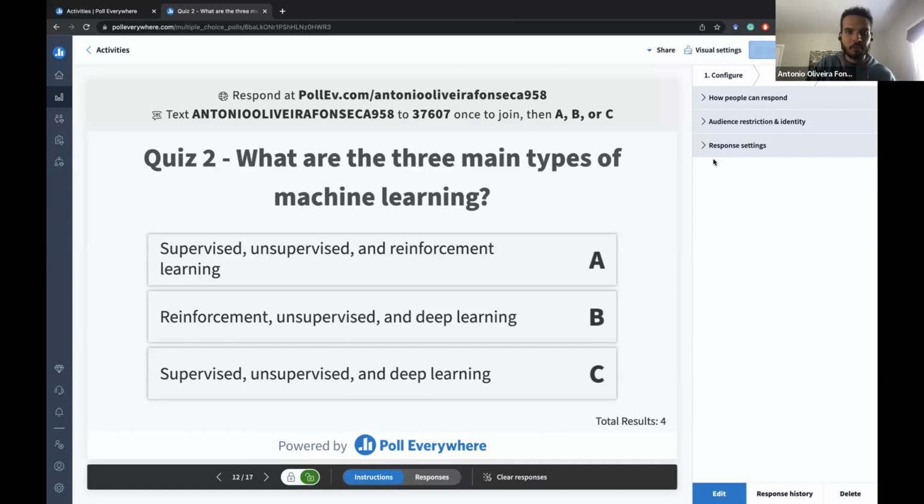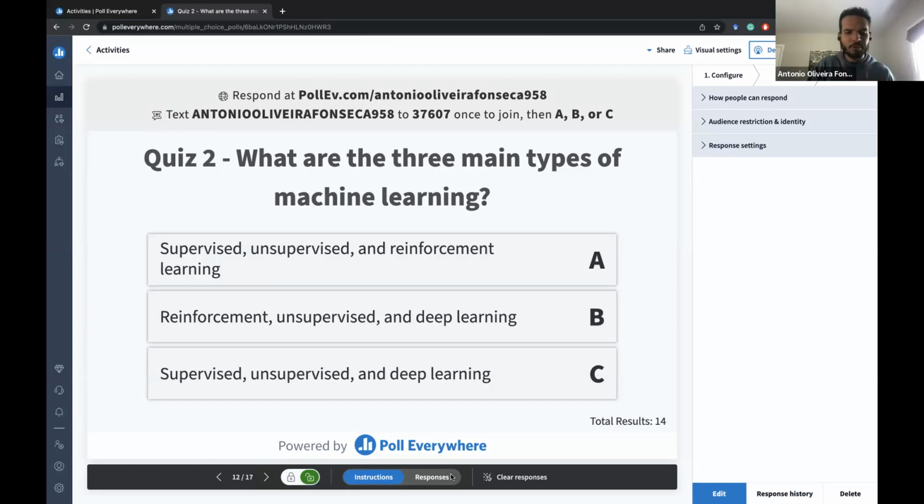Activate. Okay, so what are the three main types of machine learning? One more.